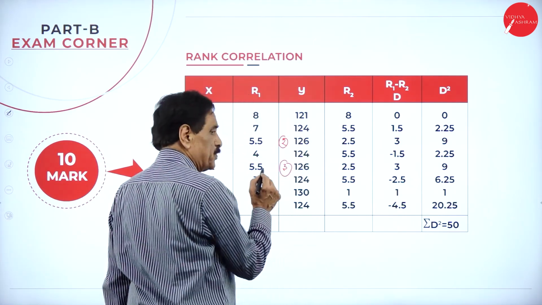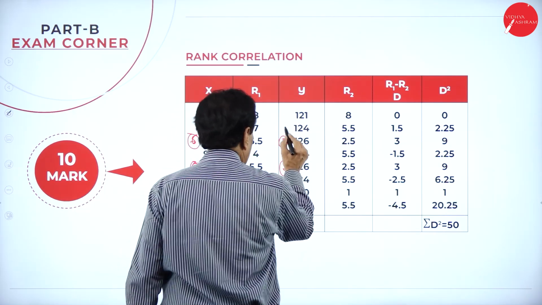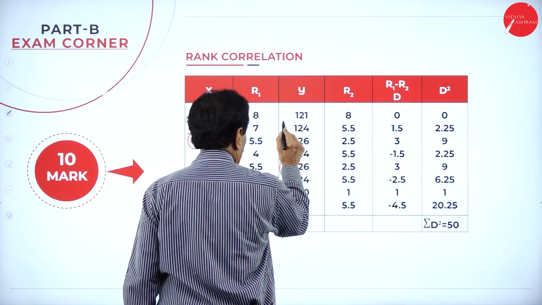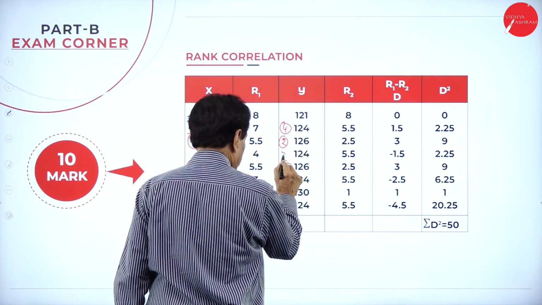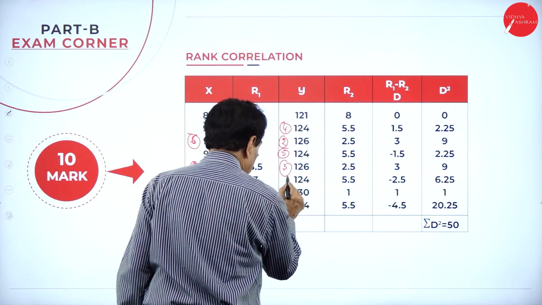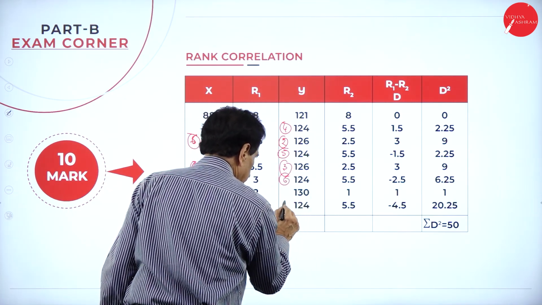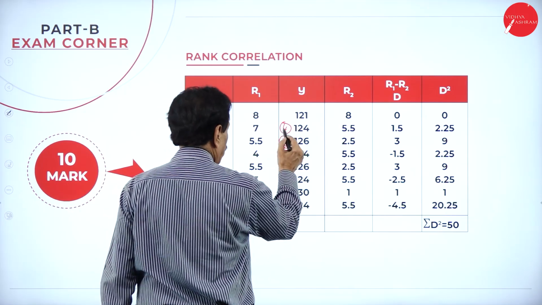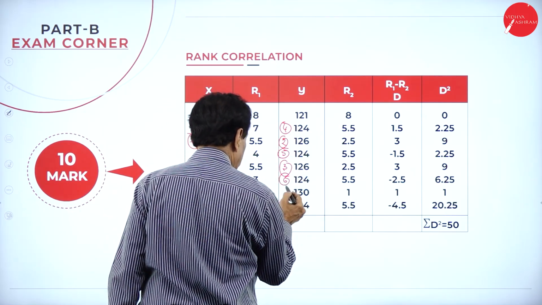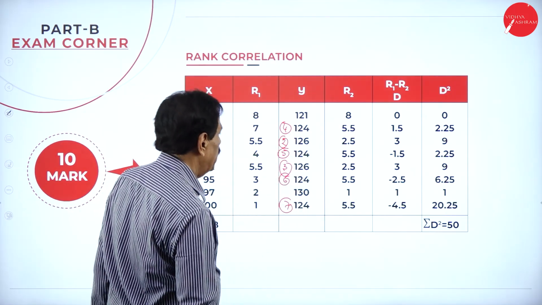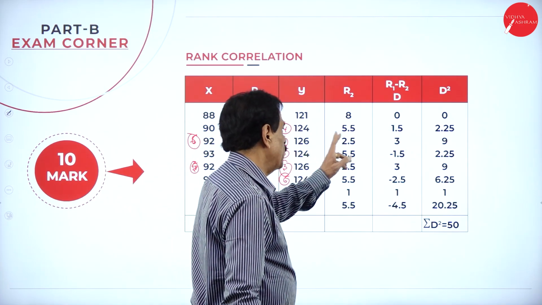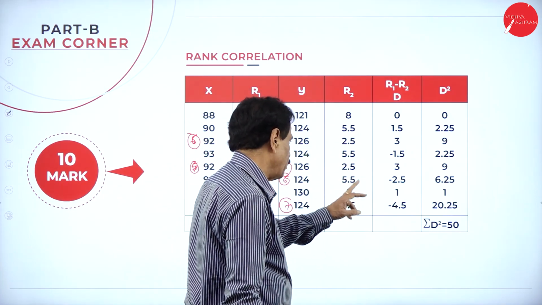So 4 plus 5 plus 6 plus 7 is 22, divided by 4 is 5.5, 5.5, 5.5, 5.5.